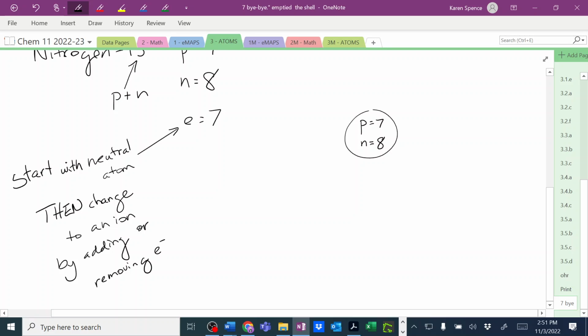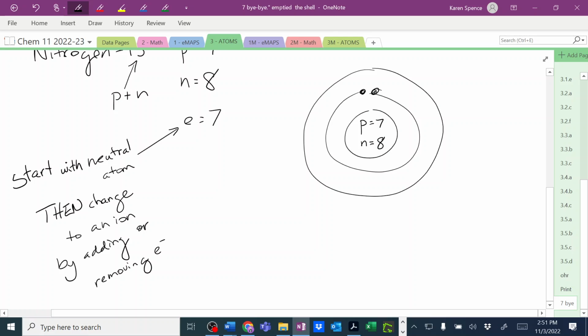So we're going to start with 7 electrons. 1, 2. That's full. 3. Where does 4 go? Does 4 go here? No. Where does 4 go?